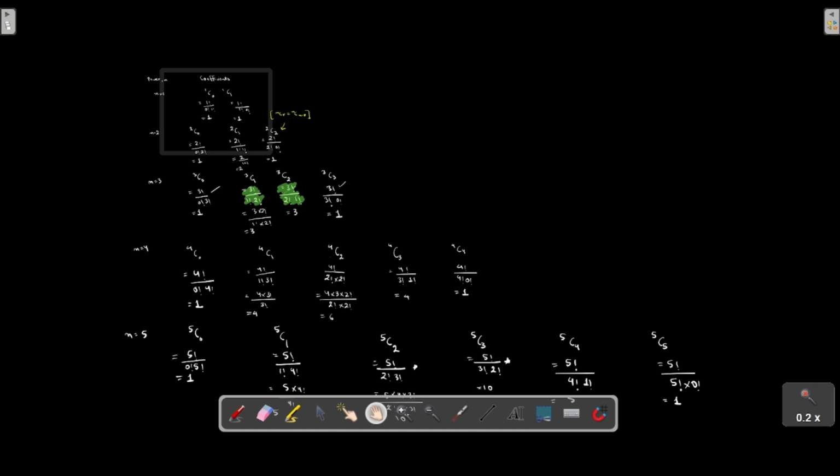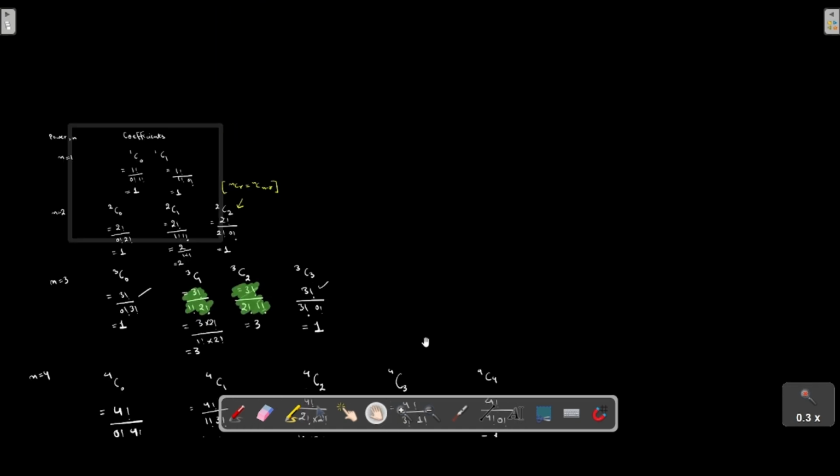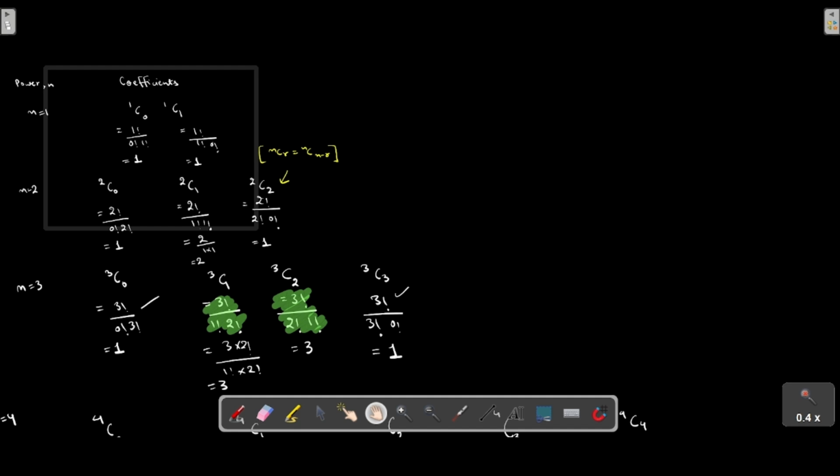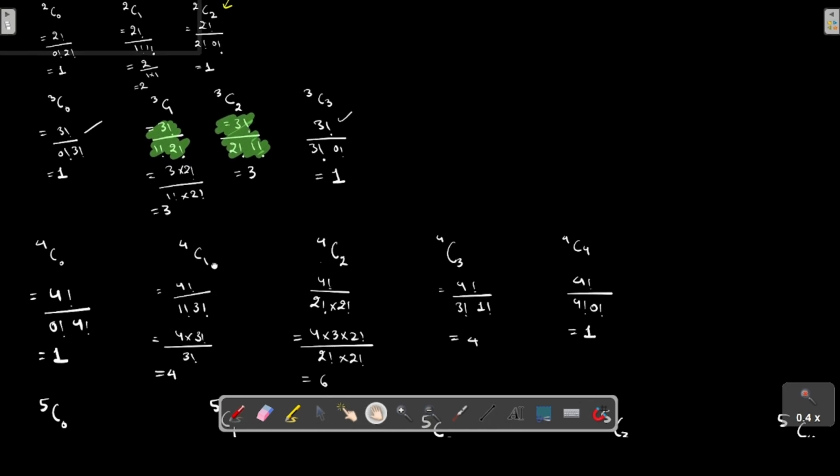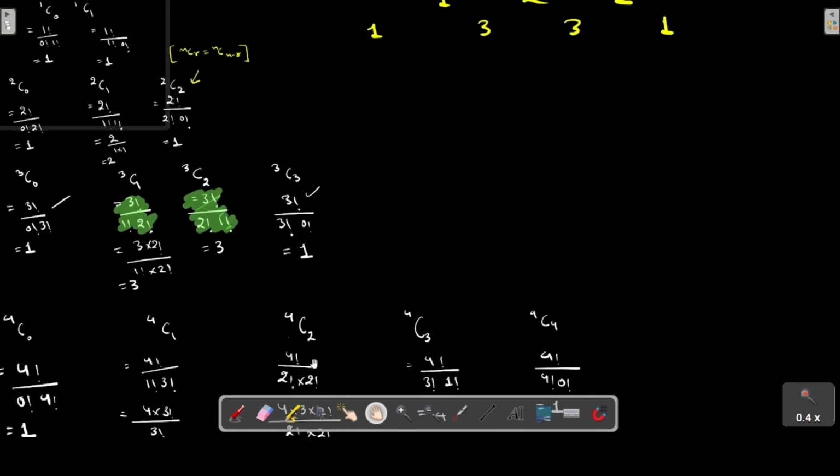Okay, so we have these values. Let's just arrange them and see what it gives us. When n is 1, you get 1 and 1. When you have 2, then you get 1, 2, 1. When you have 3, then you get 1, 3, 3, 1. When you have 4, it's 1, 4, 6, 4, 1.